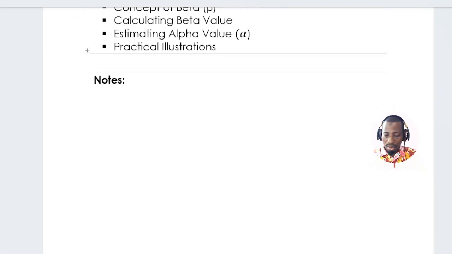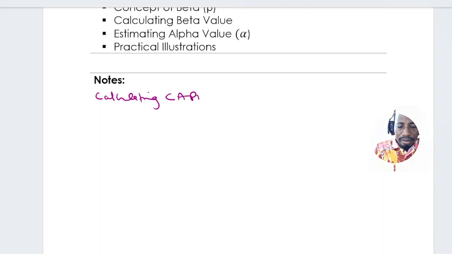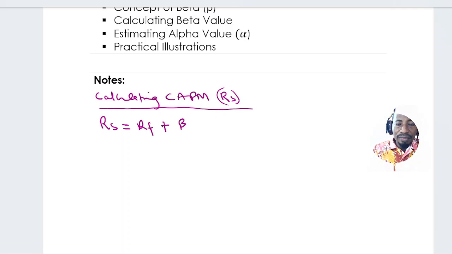When you want to calculate CAPM, the expected return, denoted as R_x, is computed as the risk-free rate of return plus the beta value multiplied by the market return minus the risk-free rate of return.